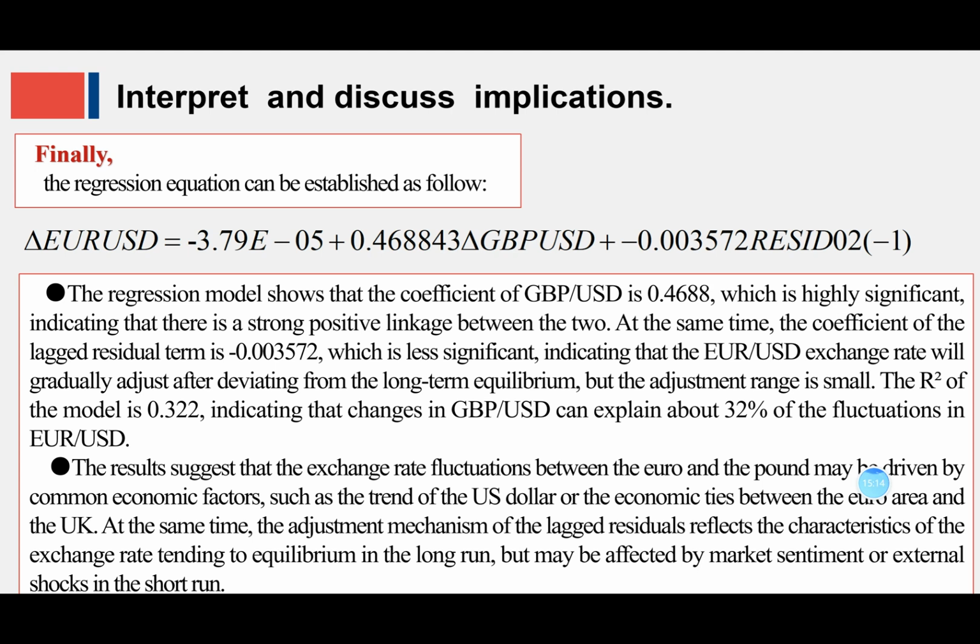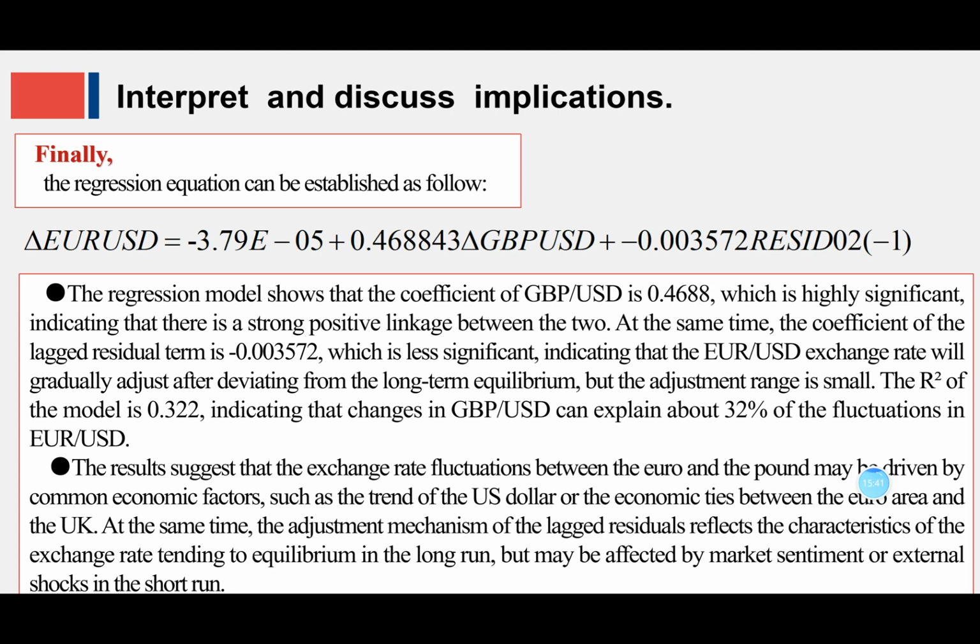At the same time, the coefficient of the lagged residual term is minus 0.003572, which is less significant, indicating that the EUR/USD exchange rate will gradually adjust after deviating from the long-term equilibrium, but the adjustment range is small.